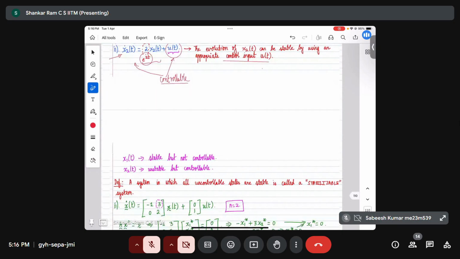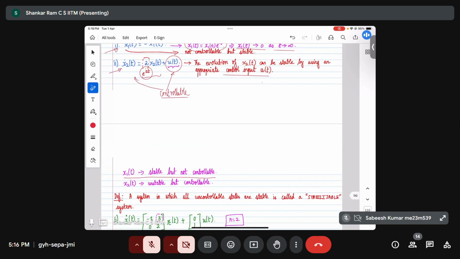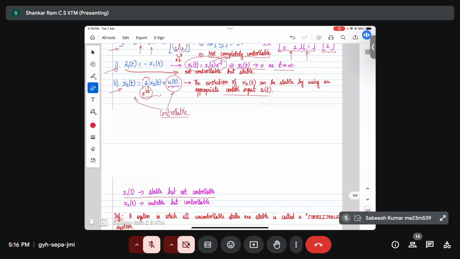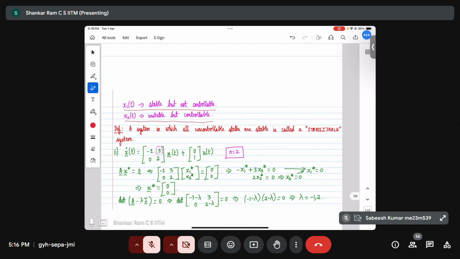So we can conclude that X1 is stable but not controllable. What do we mean by that? We can immediately see that the dynamics of X1 is such that, despite a non-zero initial condition, the value of X1(t) will tend to 0 as t tends to infinity. However, X2, despite it being unstable, is controllable. So that is the conclusion that you and I can draw from this example.